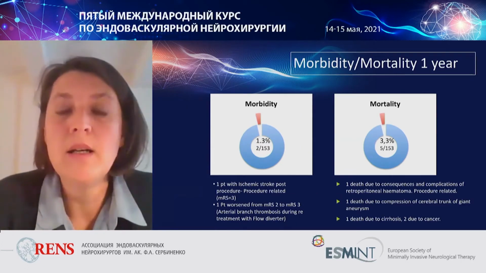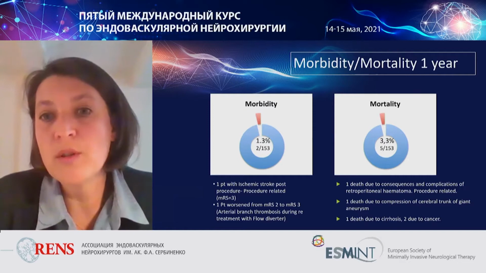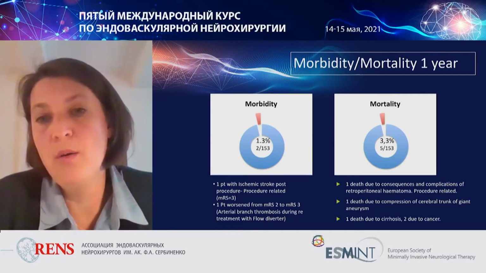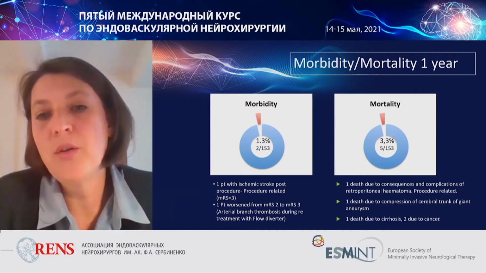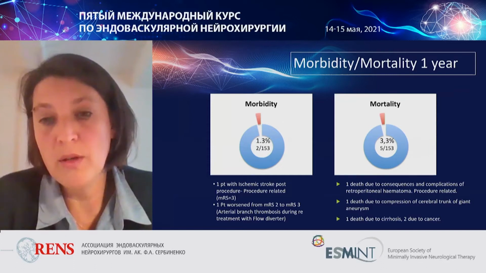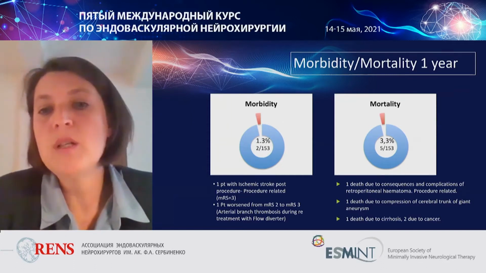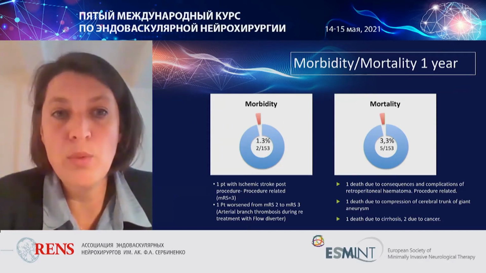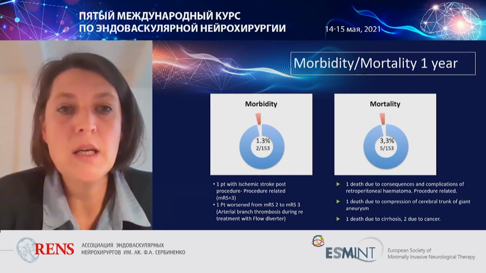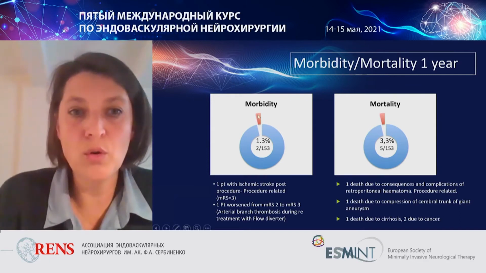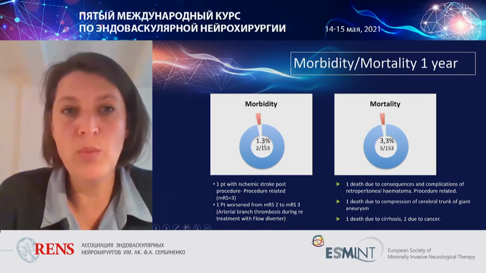At 1 year, mortality increased to 3.3%, but it's only 5 people, and 1 death is due to the procedure because of a retroperitoneal hematoma, which led to consequences and complications. And the morbidity decreased a little bit, going to 1.3%.